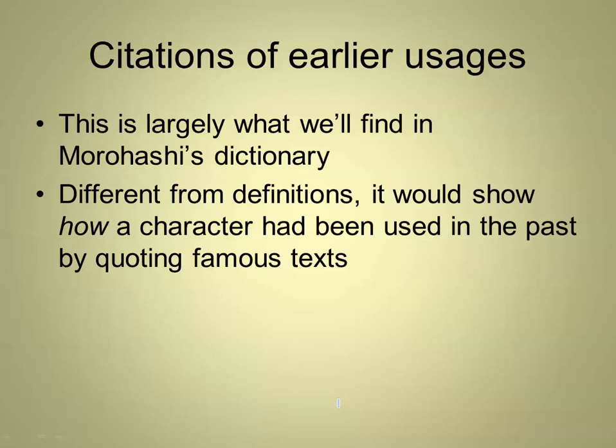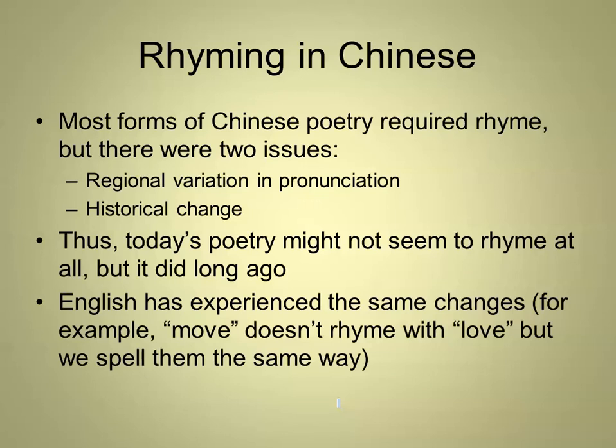The third thing we'd expect in a traditional Chinese dictionary entry would be the rhyme. Most forms of Chinese poetry require a rhyme, but there were two issues revolving around that, as I said. There's regional variation in pronunciation. How it's pronounced in the north might be different than the south. And of course, there's historical change over time.